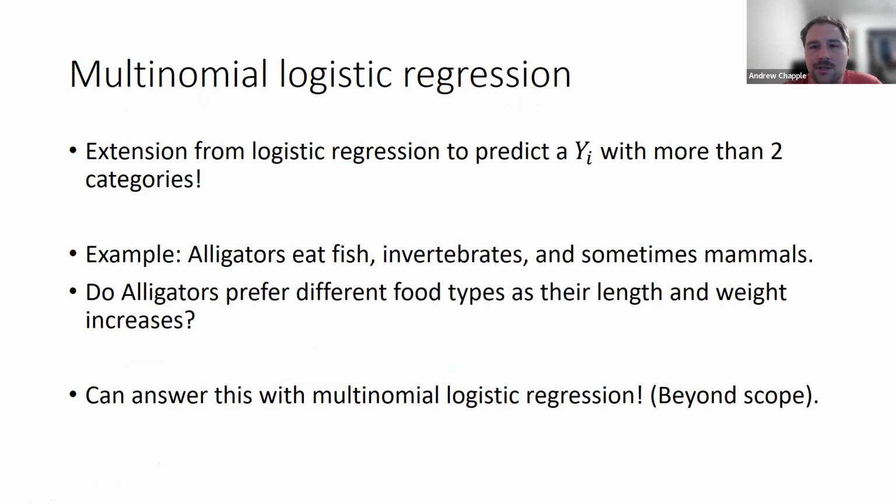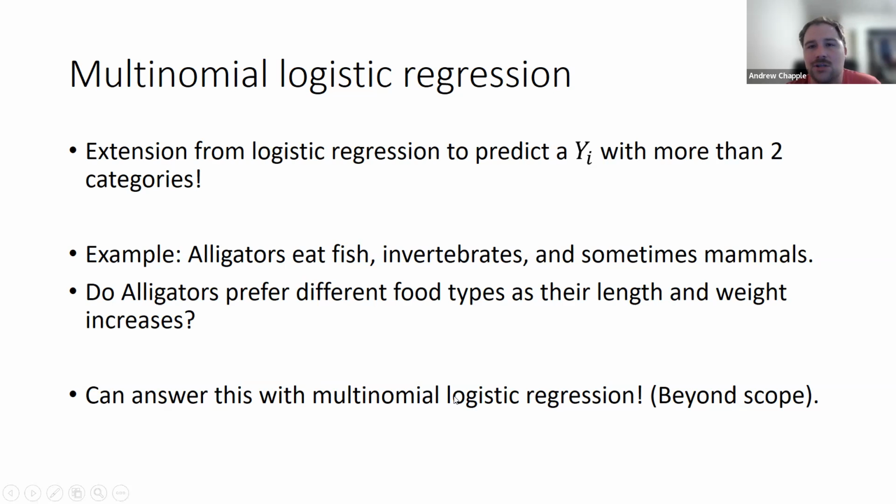Multinomial logistic regression is something else you might want to be aware of. I'm not going to quiz you on this, but it's just something to be aware of. Instead of predicting yes or no, did they survive, you predict more than two categories. For example, maybe you want to know: do alligators eat mostly fish, invertebrates, or mammals? You might go and find a bunch of dead alligators and see which one they ate the most of, and then ask, does the pattern on their back influence whether they eat mammals more than fish, et cetera.